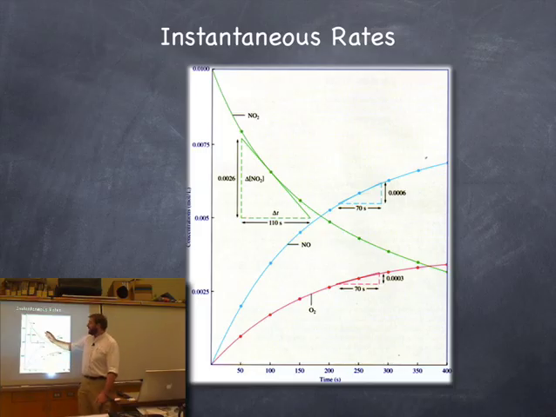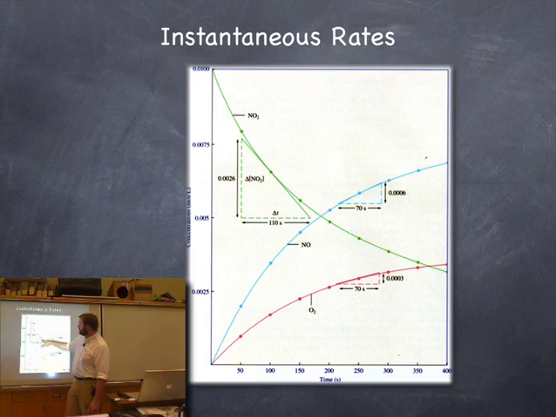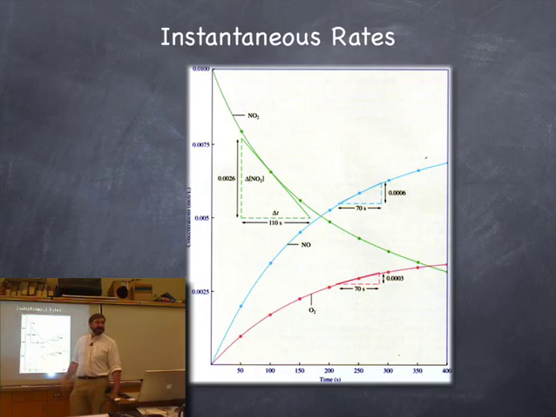But if you look at the shape of this line and the shape of this line, they are mirror images because it is a 1-to-1 ratio. The slope at each point here is going to be the same value but opposite in sign because the change in the concentration is directly related, a 1-to-1 ratio here.